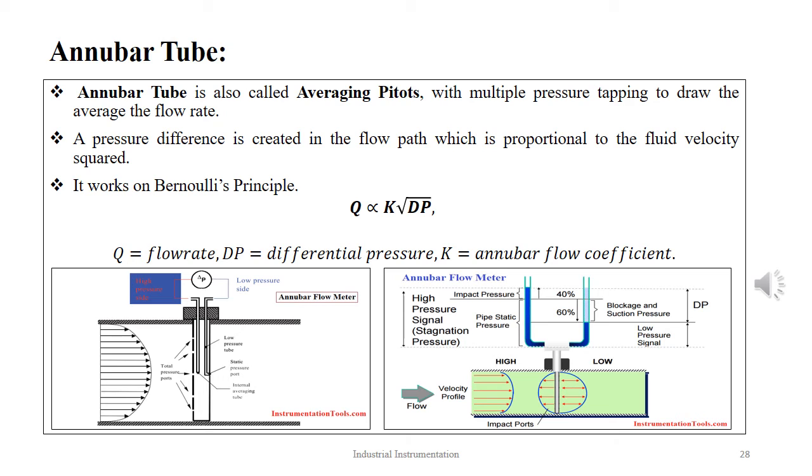An Annubar is very similar to a Pitot tube. The difference is that there is more than one hole into the pressure measuring chamber. The pressure in the high pressure chamber represents an average of the velocity across the pipe. Annubars are more accurate than Pitot tubes and they are not as position sensitive to the velocity profile of the fluid.